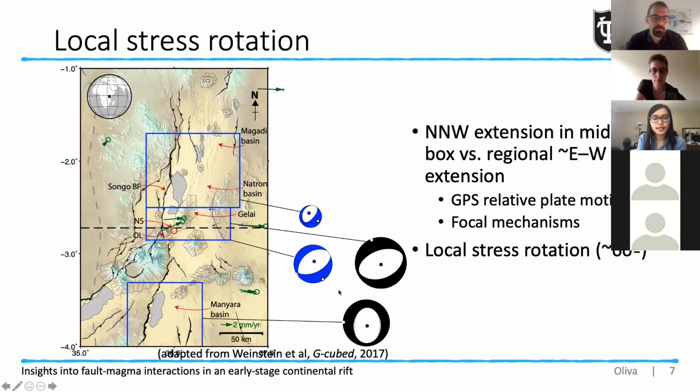And we see that earthquakes from this middle bit, the box that contains Oldonyo Lengai right there, and the southern part of Gelai, where the dike also occurred, this area shows a north-northwest extension, while the general area, regional extension from GPS relative plate motions, is roughly east-west. So we observe almost 60-degree local stress rotation in this small area relative to the region.